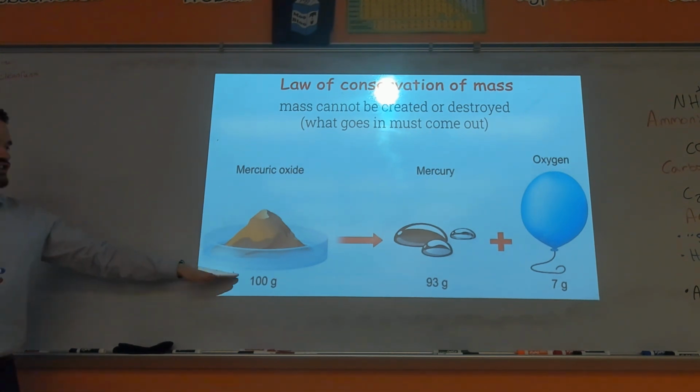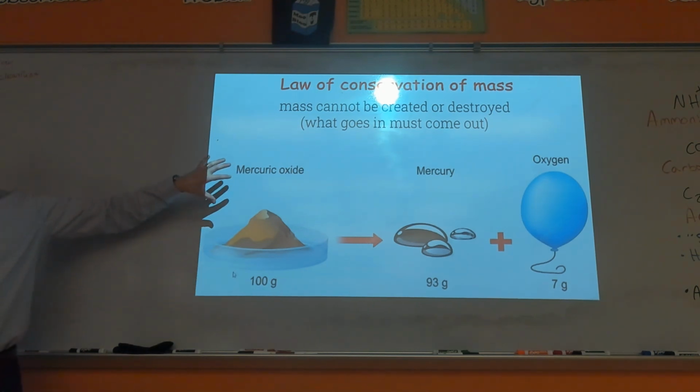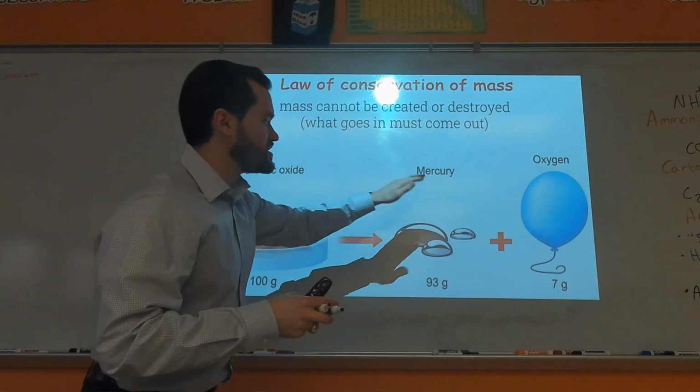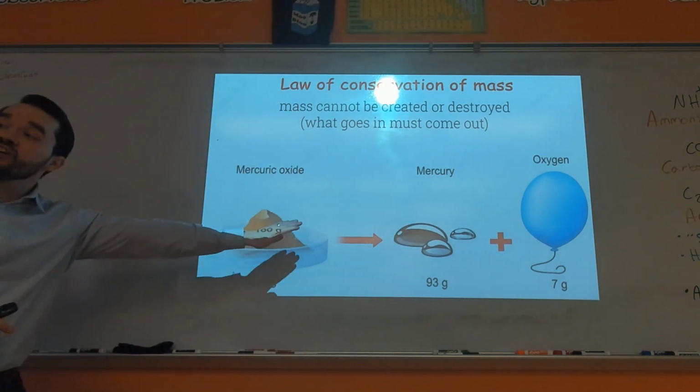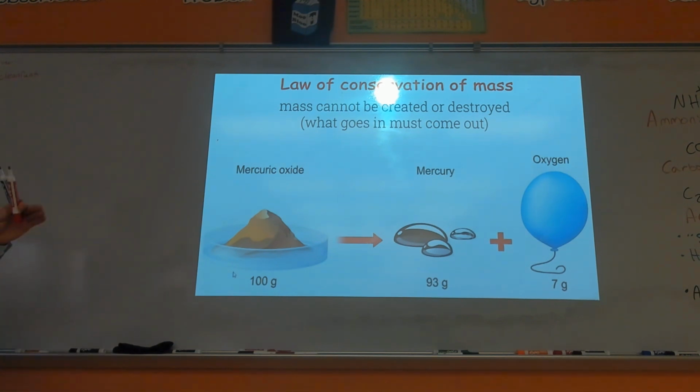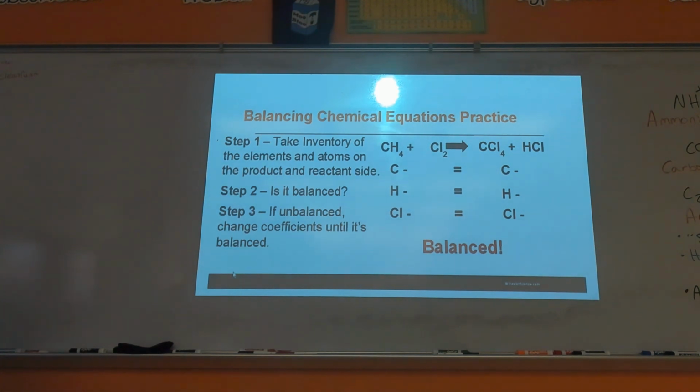If I have 100 grams in my reactants on the left side of the arrow, I must have 100 grams of products on the right side. That doesn't mean each individual product is 100 grams, but the combination of products would add up to 100 grams. Make sense? So that's the idea there. That's why we can balance equations.